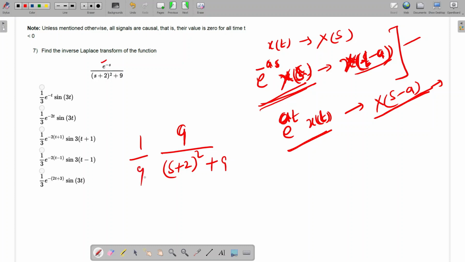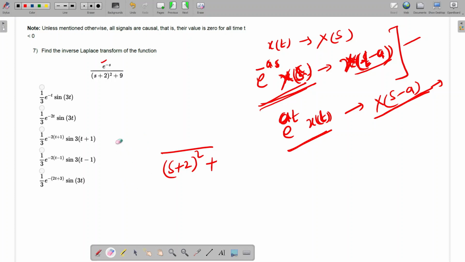We want a divided by s square plus a square.